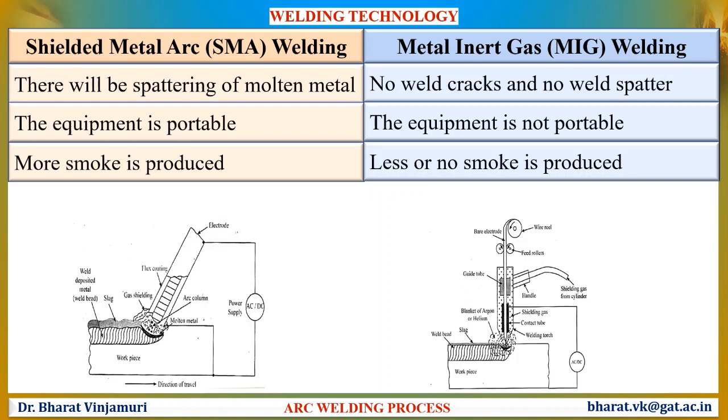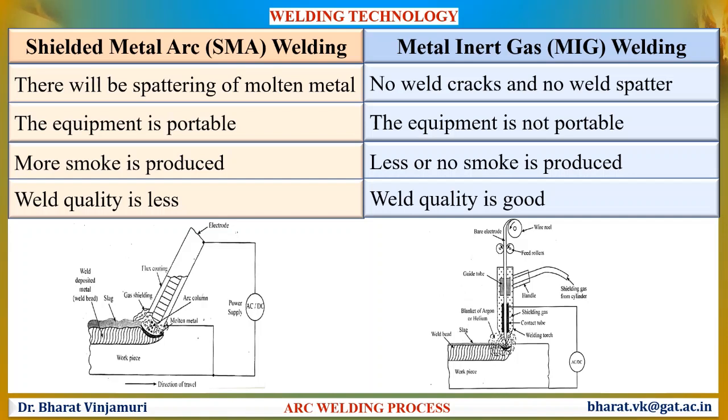More smoke is produced during welding in case of SMA process, but in the MIG process there will be less or no smoke at all. Instead of smoke, there will be a gas which will be shielded over the entire weld pool. And the last one being the weld quality of SMA will be very much less compared to MIG process.